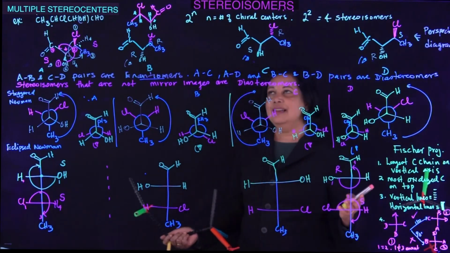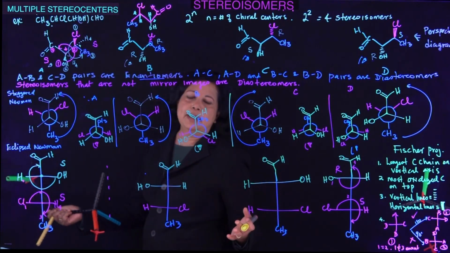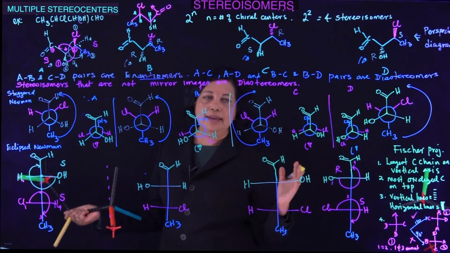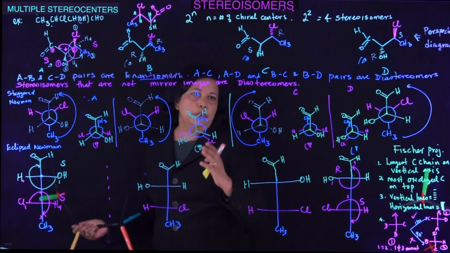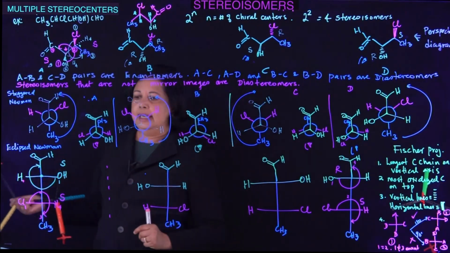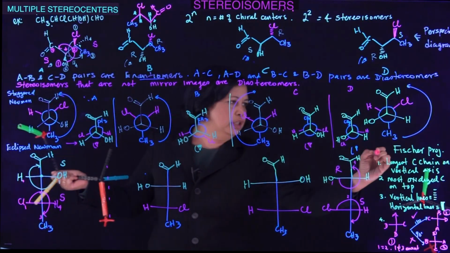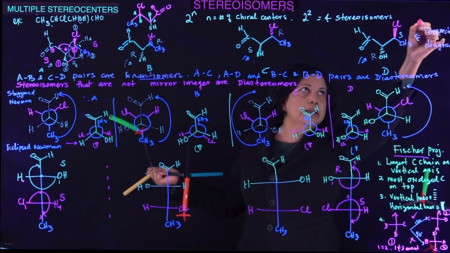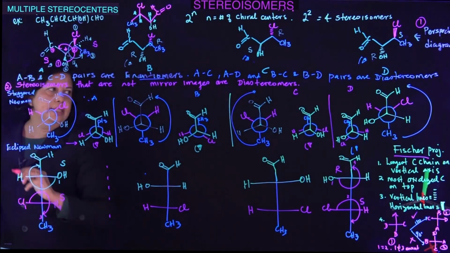Just in summary, I'd like to say that there are many ways in which you can draw a molecule in 3D, and one of them would be the perspective diagram, the other one would be the Newman, and then we would also have a Fischer projection. So 3 ways of drawing them, and we've tried to incorporate all of them in this video.